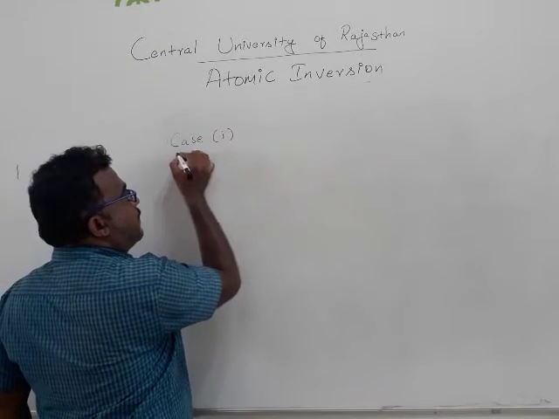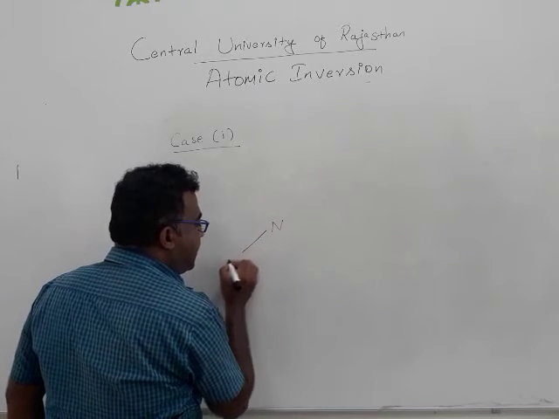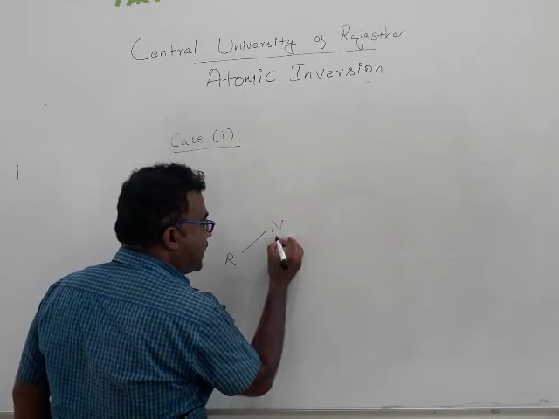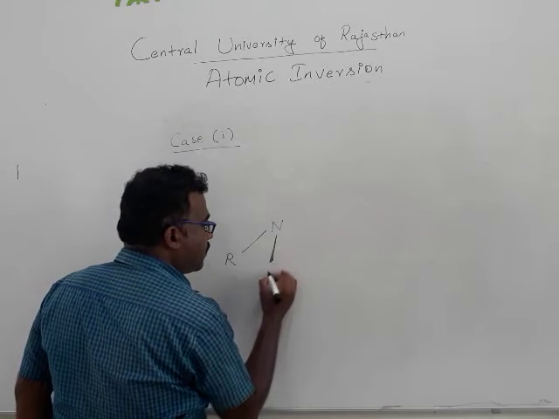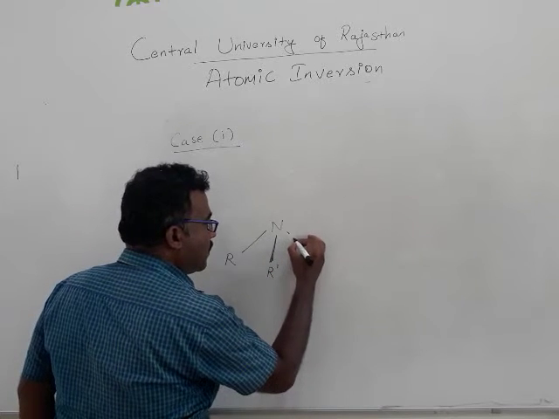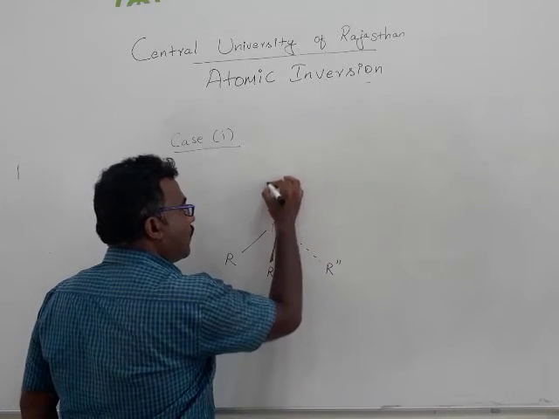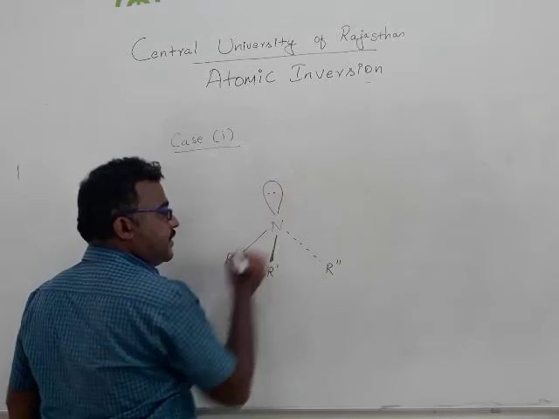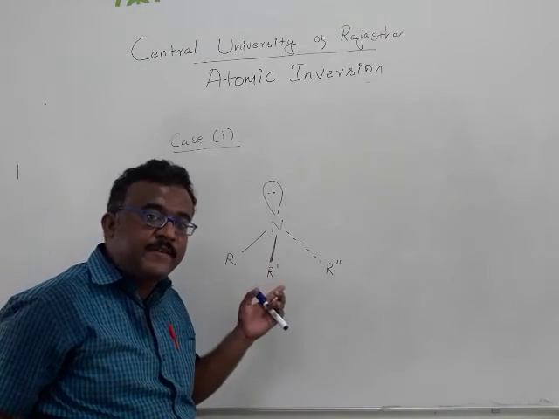If you take an example of case 1, you have nitrogen with 3 different substituents. Nitrogen with 3 different substituents can easily undergo inversion.